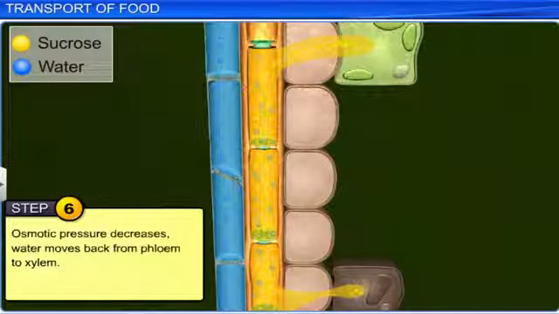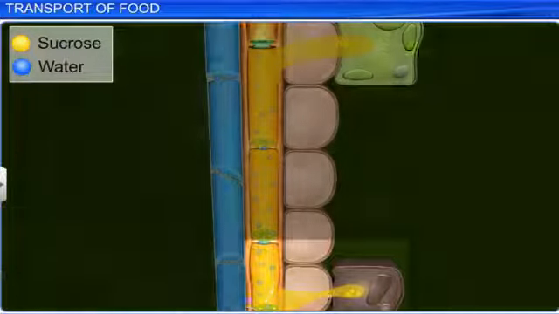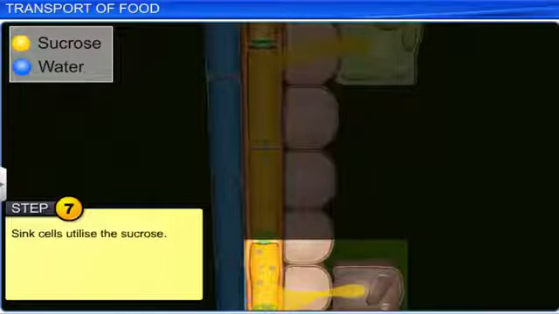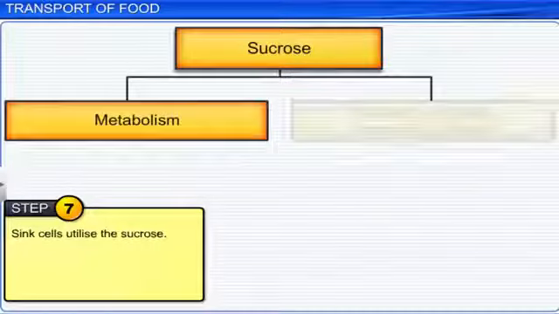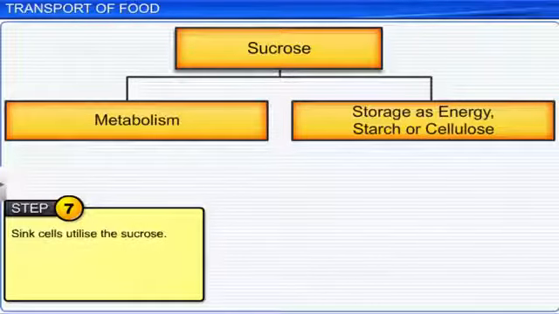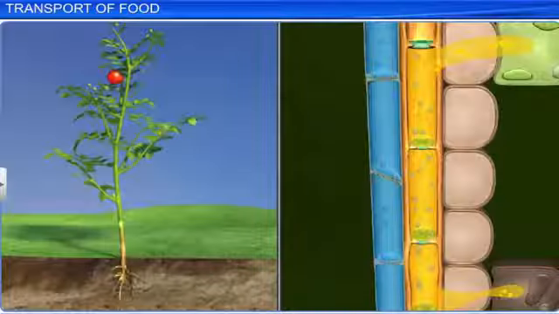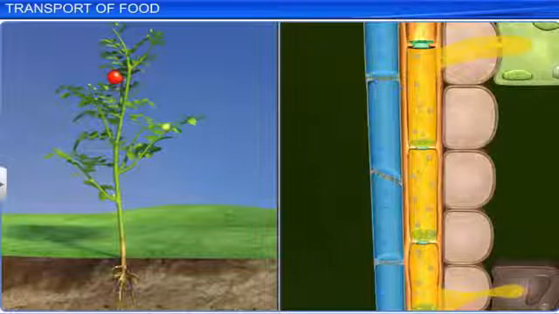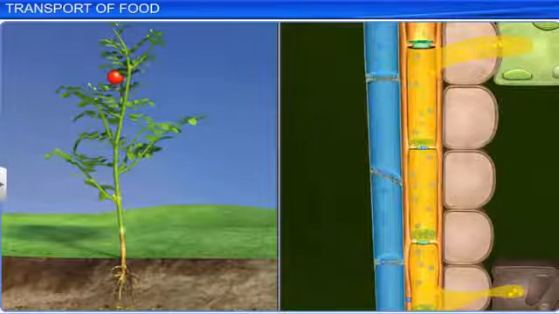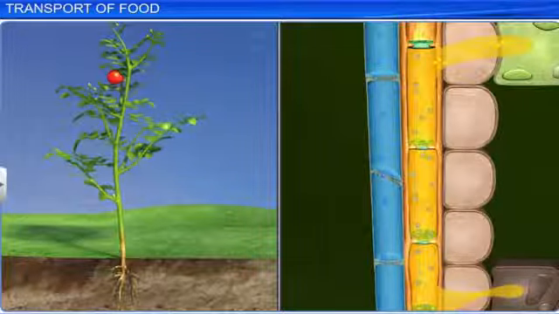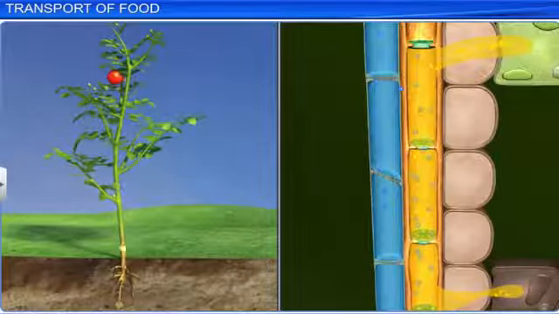This results in decreased osmotic pressure, which causes water to move out of the phloem cells and back into the xylem cells. The sink cells then utilize the sucrose for metabolism or storage purposes by converting it into energy, starch or cellulose. In this manner, phloem cells transport food, primarily sucrose, in plants by the pressure flow hypothesis mechanism.